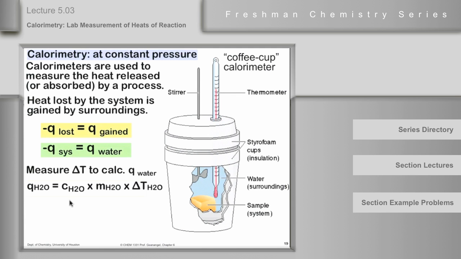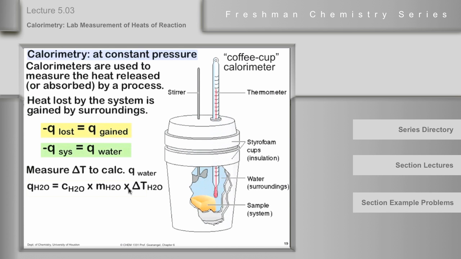Then after you put the sample in the calorimeter, you stir it up until you get a constant temperature. That will be T final, okay? And then you calculate delta T times M times C, and you have your Q of the water. Now the only other thing you have to do to get Q of the system is to change the sign. It's beautifully elegant.